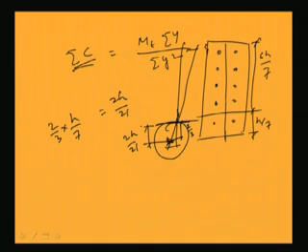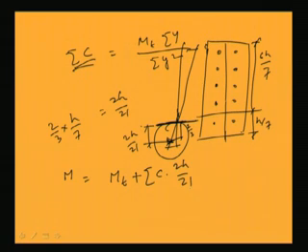Now, I can take the moment about this neutral axis. If I find out the moment, it can be found as the total moment due to these tensile forces plus the moment due to these compressive forces, that is summation C into 2h by 21.